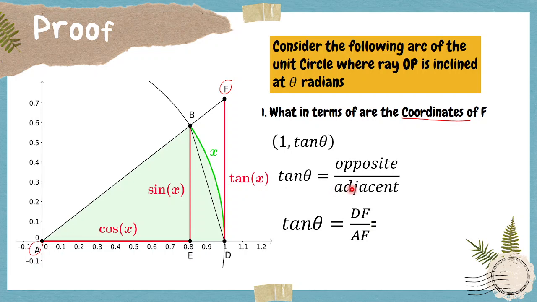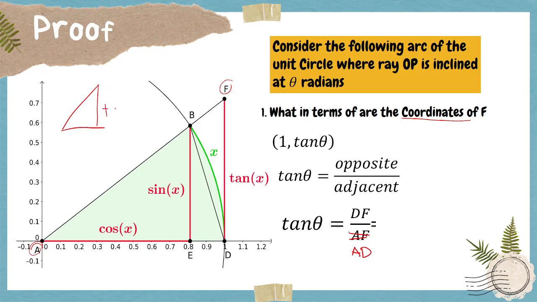Now, what is the adjacent? What coordinate would tell us the adjacent? This should be the AD. Why AD? Because this is the adjacent. If we are going to draw this one, let's look at the bigger triangle.